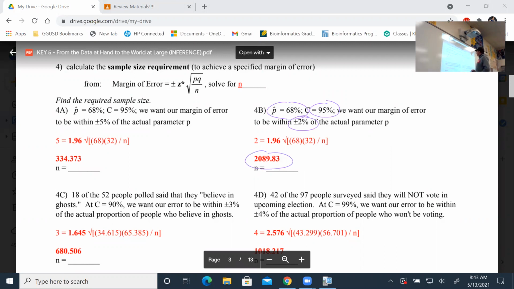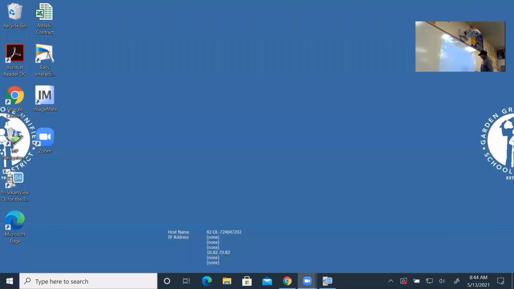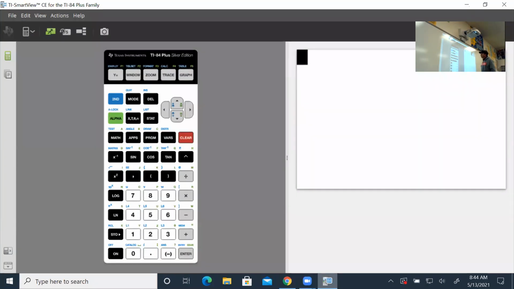Okay. Let's go ahead and do this one, all right? So bring back up the calculator. Bring your calculator up. All right, so I'll put the problem down here. Within 2%, 1.96, and it's 68 32 over n, okay?